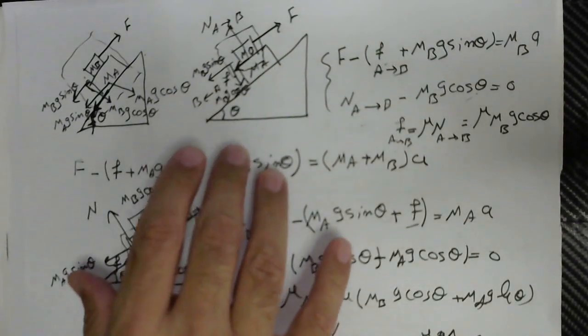You can have the same situation when you have a rope between the two objects sitting on an inclined plane.